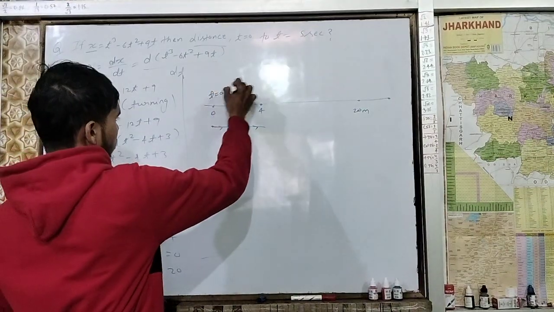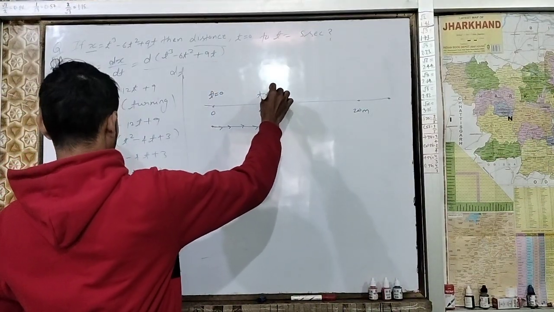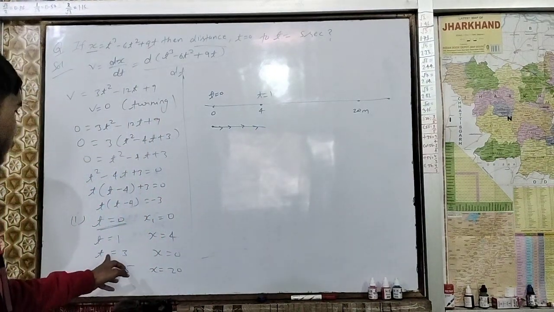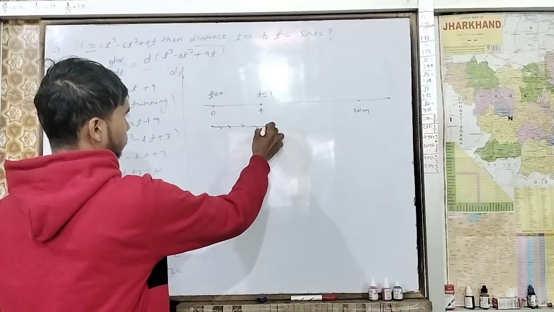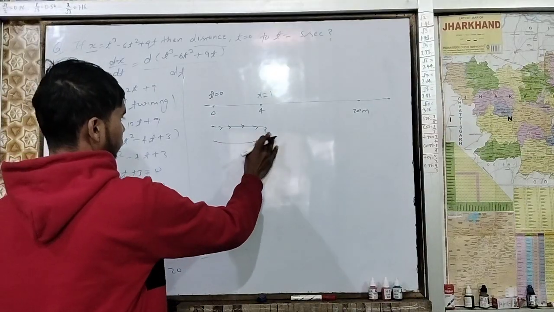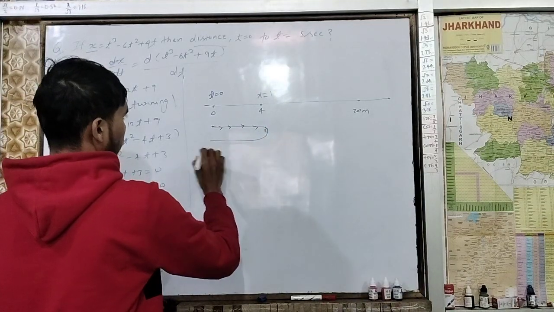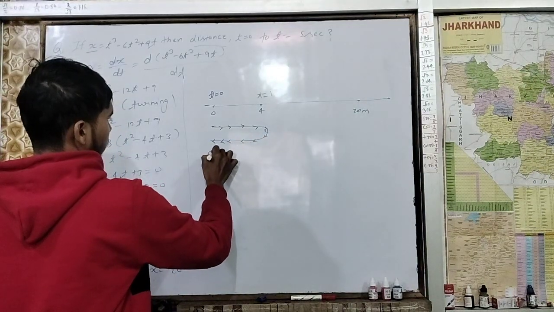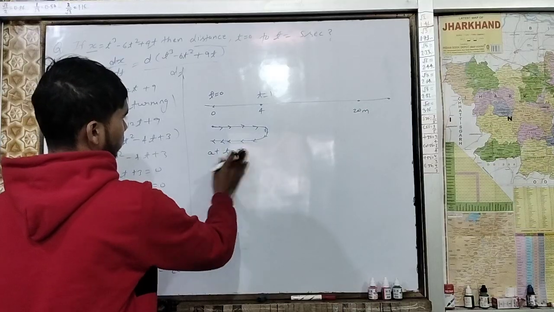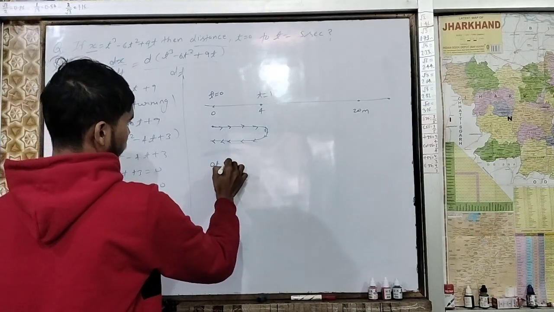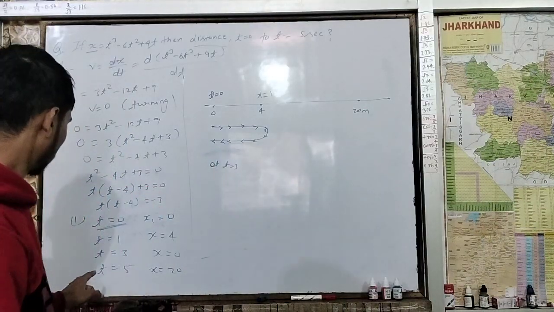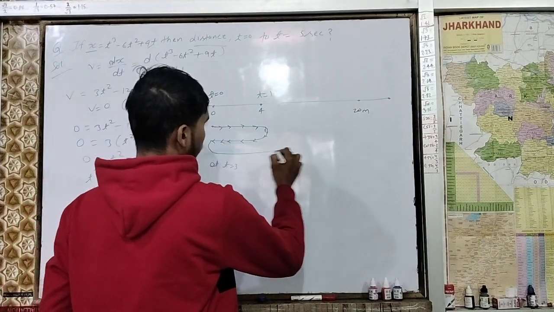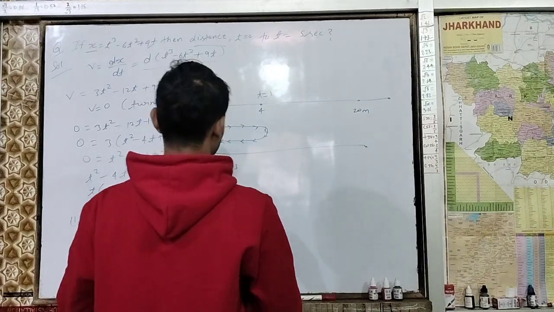Then again it went to 0 at 3 second. Then he moved from here and went till the 20, like this.